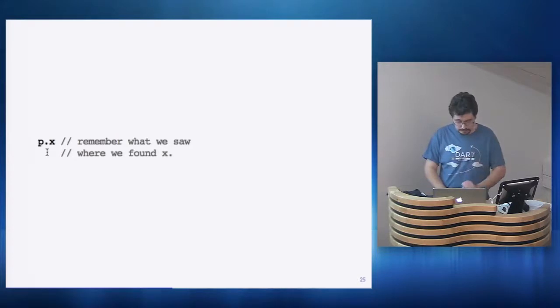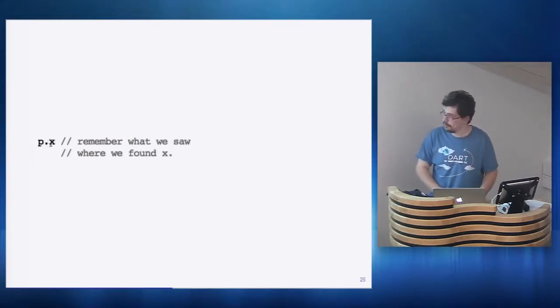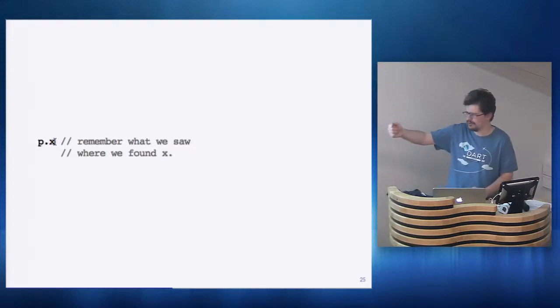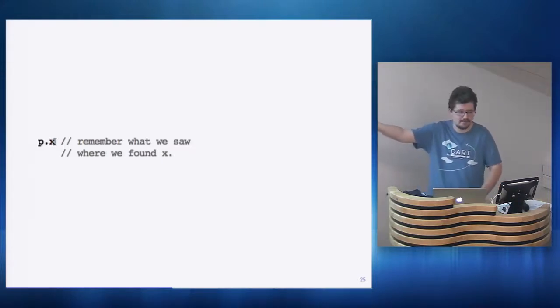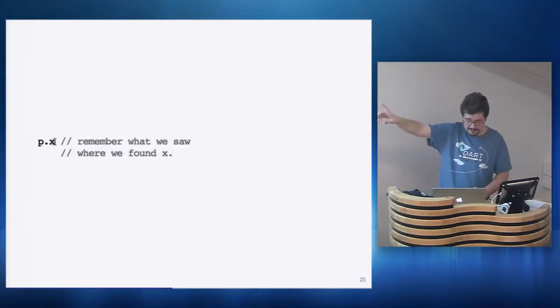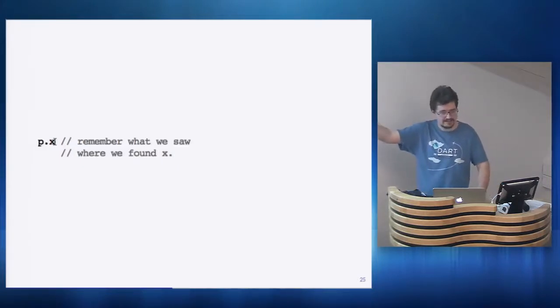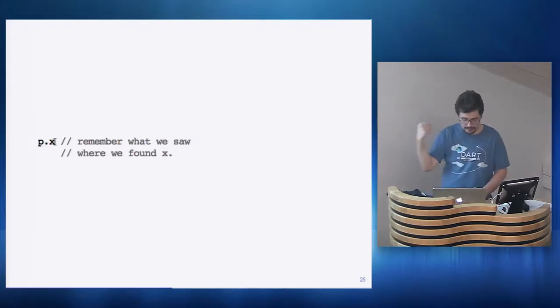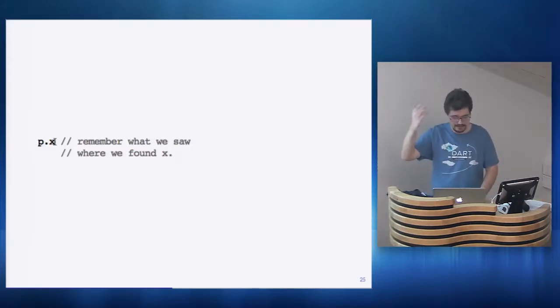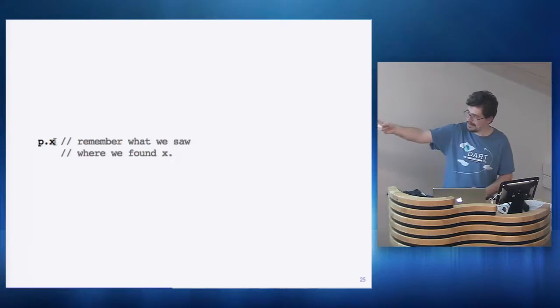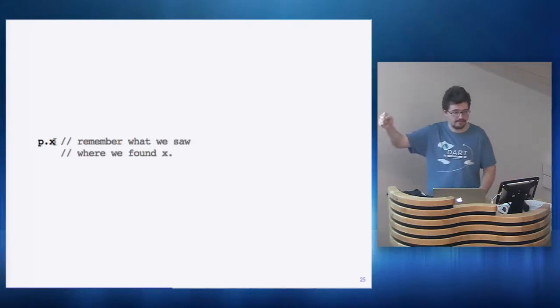So the idea is very simple. If we see this p.x, there is no way we can usually answer ahead of time the question where this x comes from, as I told you, because everything comes and goes and so on. But once we did arrive here once, we can observe what kind of hidden class was there of the p, and where that hidden class had x, and then we just remember.